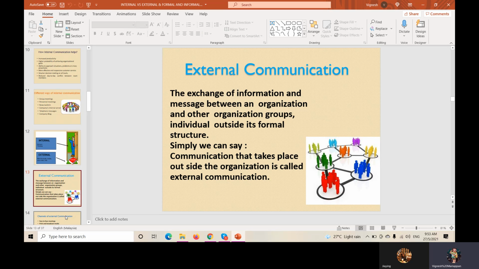Please do remember and don't get confused between internal communication and external communication. Any communication between outsiders, third parties or any other organizational groups, we call external communication. This will take place outside of the organization.